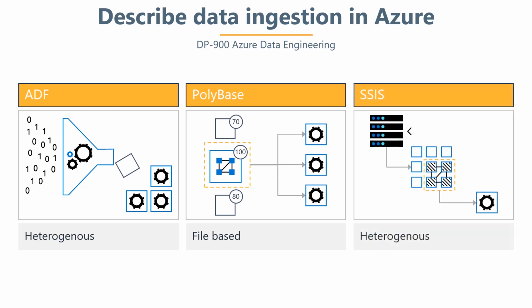The third and important feature is SSIS. I'm sure if you have used SQL Server, then you are familiar with SQL Server Integration Services, which is nothing but a platform for building enterprise-level data integration and data transformation solutions. Now, maybe in older days, if you have used SSIS, then you know what it is. And in modern days, people use SSIS integrated with Polybase and Azure Data Factory.